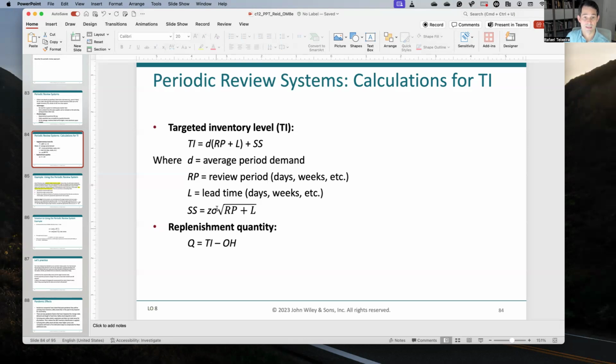The safety stock is given by a standard value from the standard normal distribution that represents the service level the company wants to provide, times the standard deviation of demand, times the square root of the review period plus the lead time. And the quantity to order is the difference between how much the company wants to have as target inventory and how much they're carrying. The difference is how much they should order.